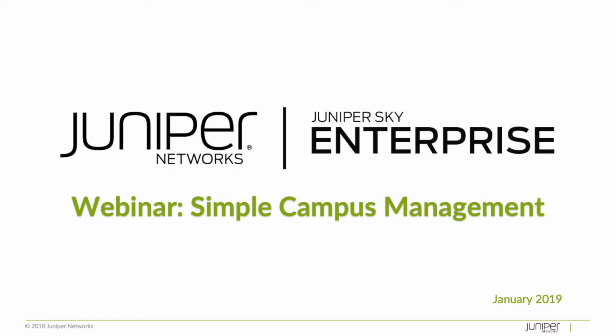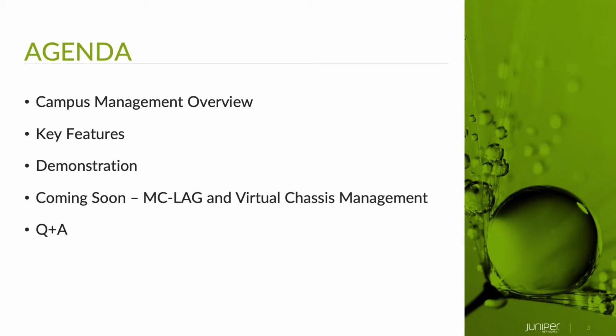So the topic for today is simple campus management. When I think about managing campus networks, I think about lots of similar devices doing mostly similar tasks. So when it comes to deployment, configuration, and ongoing management of these devices, I think typically of highly repetitive tasks that are potentially time-consuming and usually boring.